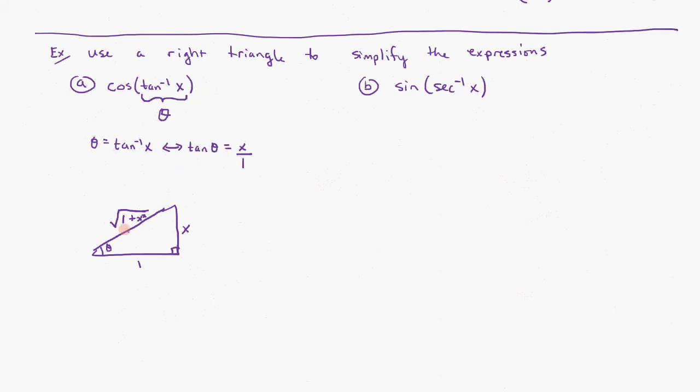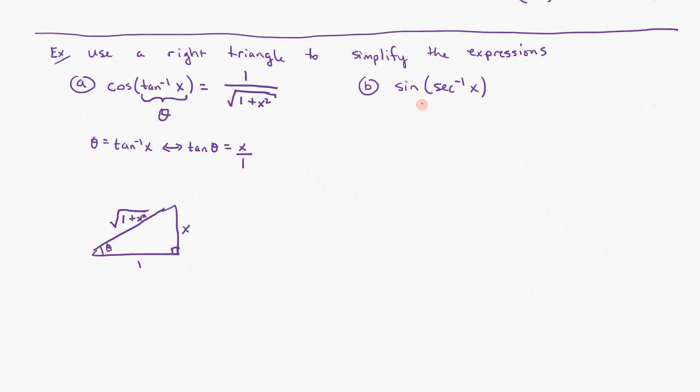The cosine is adjacent over hypotenuse. So the adjacent side is 1. The hypotenuse is square root of 1 plus x squared. And so this is how you simplify this expression.